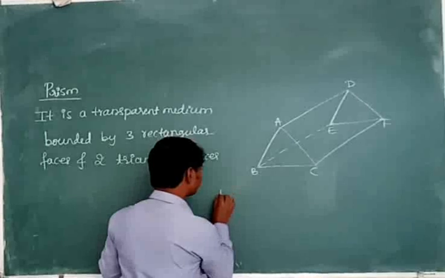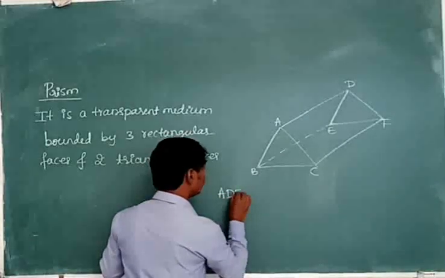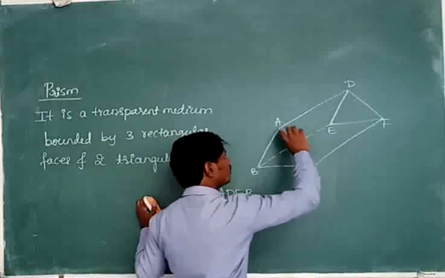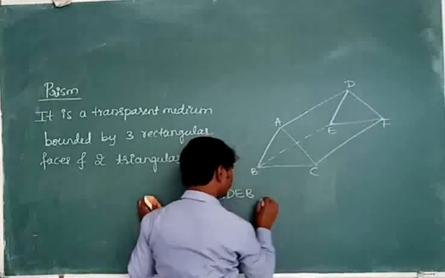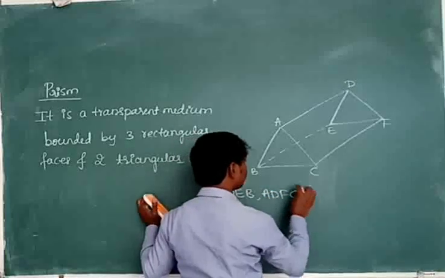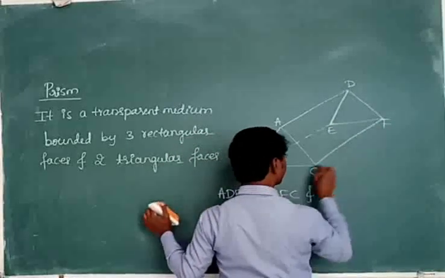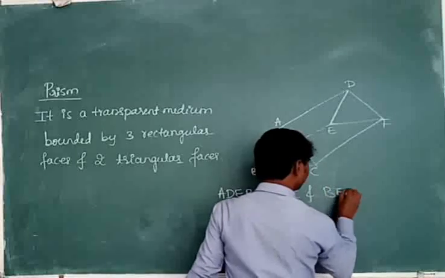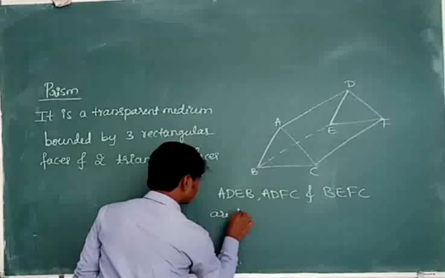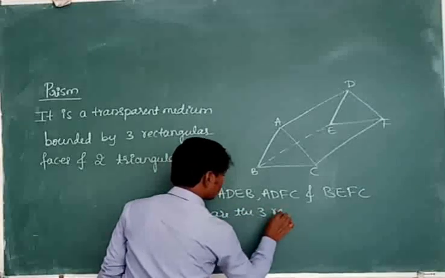What are those? A, D, E, B is the first rectangular face. Next one, A, D, F, C. And the last one, B, E, F, C. These are the 3 rectangular faces.